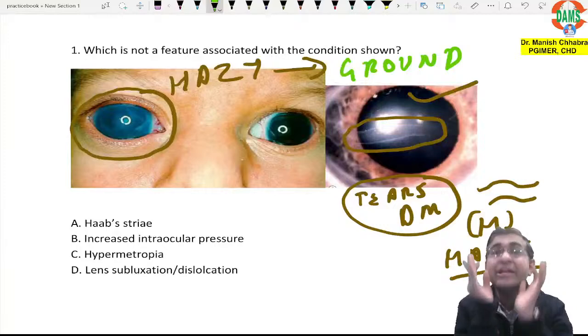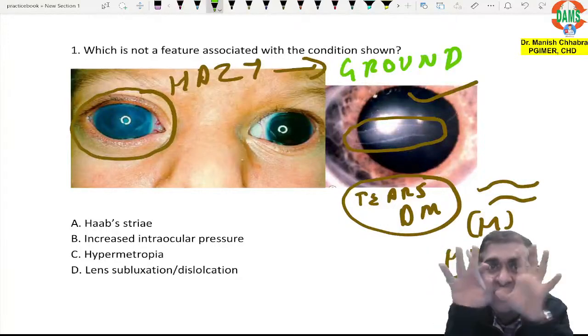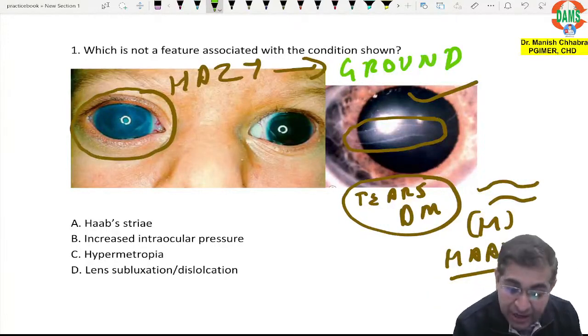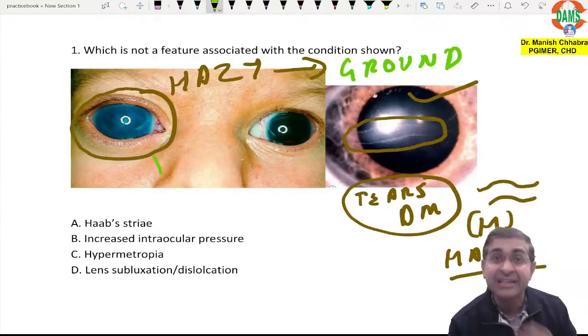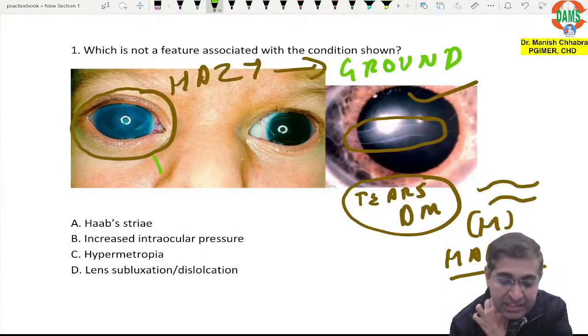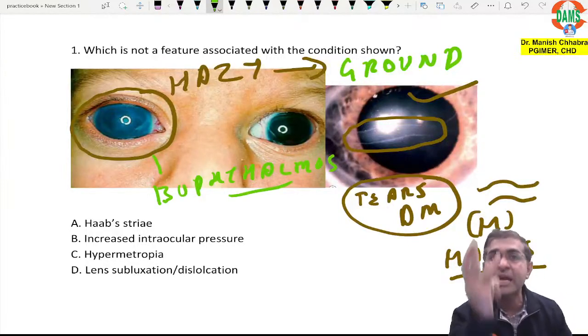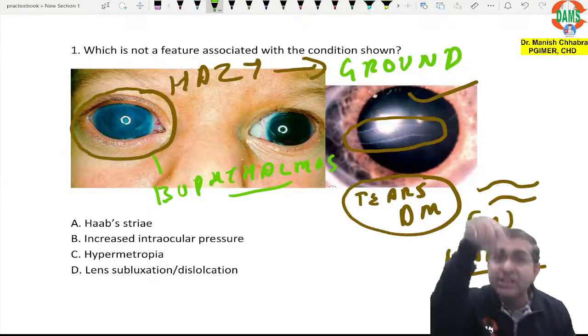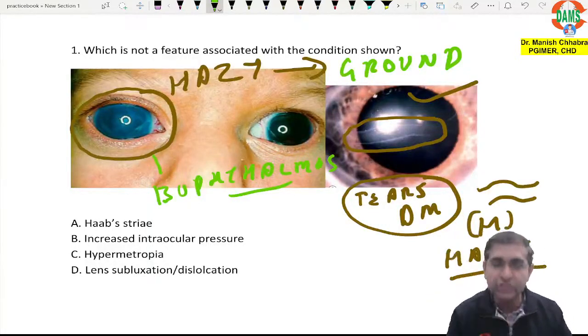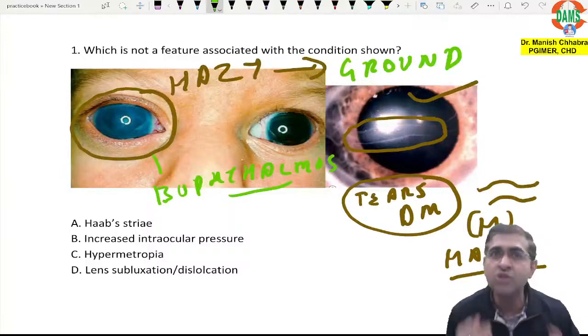And also, can you appreciate the difference in the size of the two eyes? This eye is bigger in size. So this is buphthalmos. Now, based on the three important clues given in this question, can we now discuss the options?